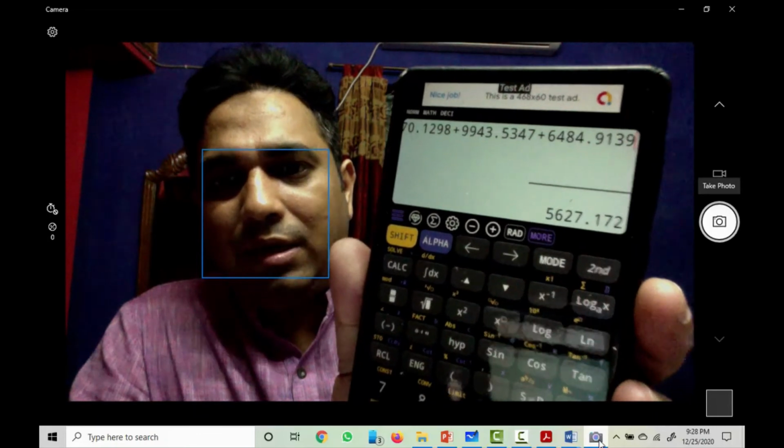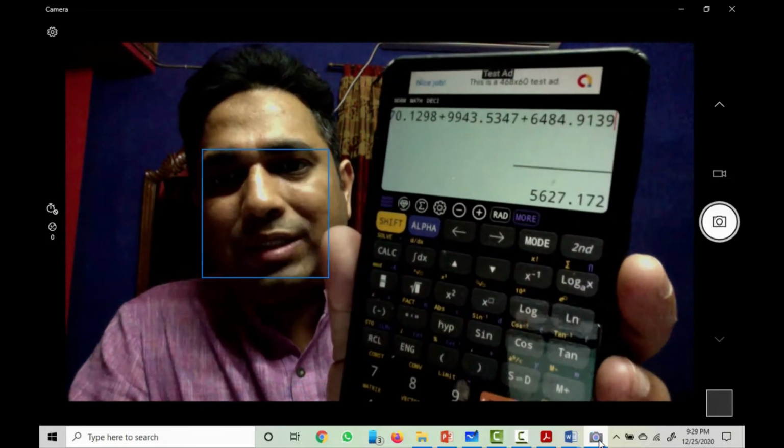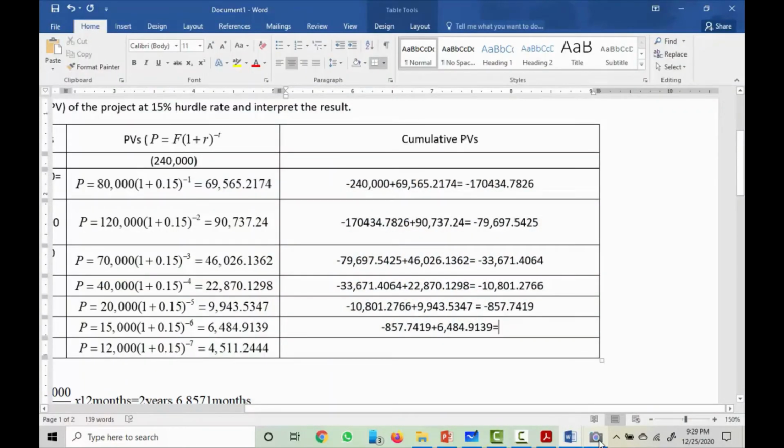If we add it like that way, what is the answer? 5,627.172. So that means here this has become plus now.